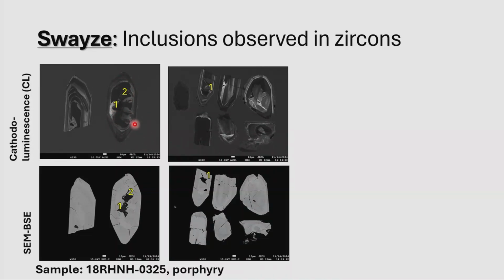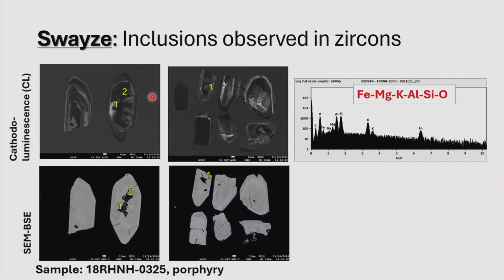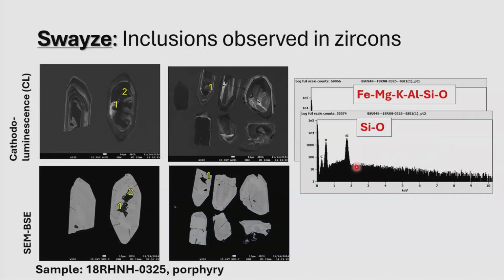If we look at the inclusions along this zircon core, highlighted here as numbers 1 and 2, we have an iron, magnesium, potassium aluminosilicate, and evidence of quartz included within this zircon. That's really important when we're interested in doing titanium-in-zircon calculations, to have evidence to confirm our activity of silica and our activity of titanium.